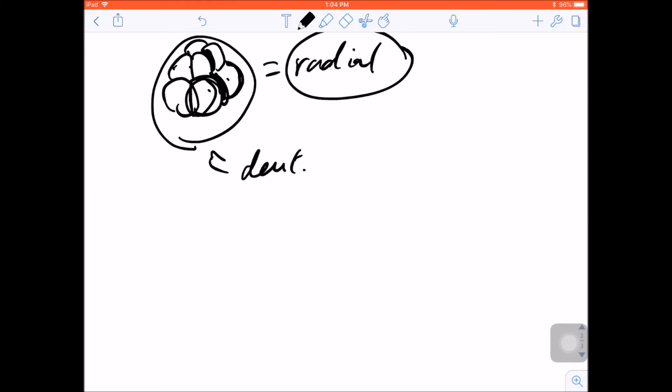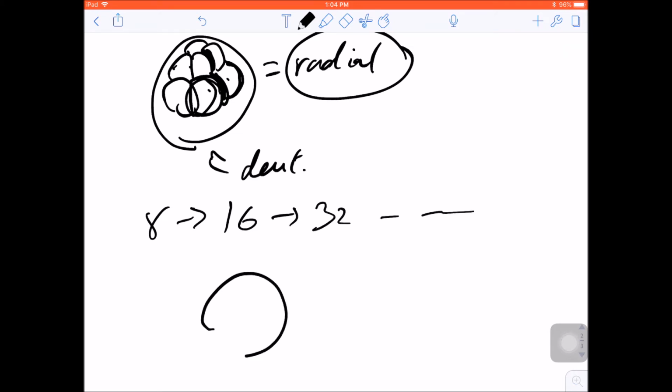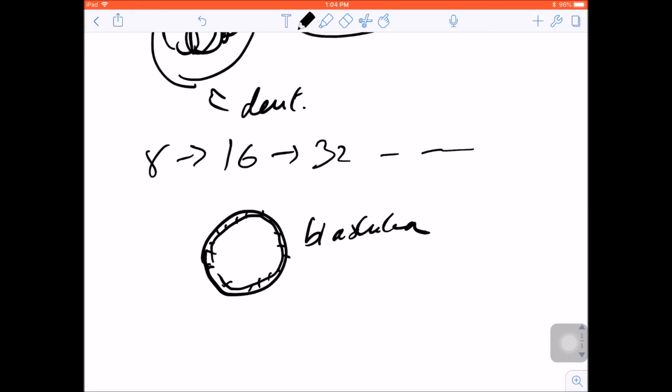Finally, after 8 cells, we'll go into 16, 32, so on and so forth. Eventually, it'll form this hollow ball of cells called a blastula. And past this, the walls of the blastula will invaginate. They'll go inwards to form this kind of bowl-like structure.